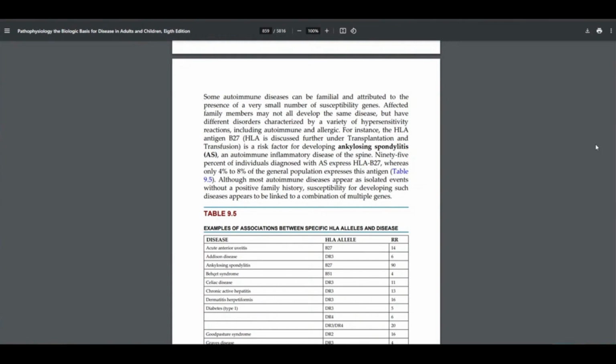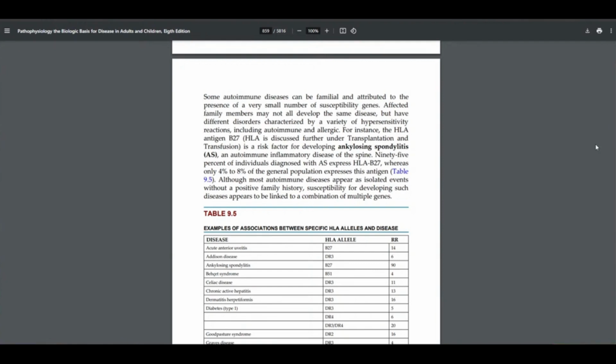For instance, the HLA antigen B27. The HLA is discussed further under transplantation and transfusion as a risk factor for developing ankylosing spondylitis, an autoimmune disease of the spine. 95% of individuals diagnosed with ankylosing spondylitis express HLA-B27, whereas only 4 to 8% of the general population express this antigen.